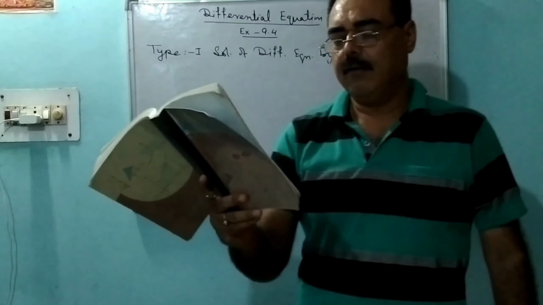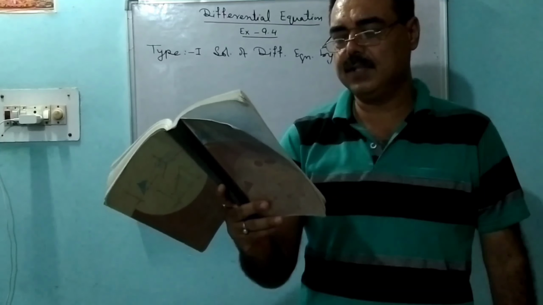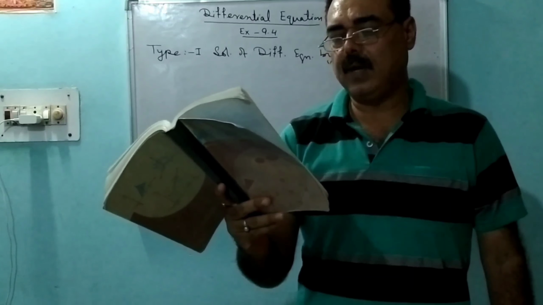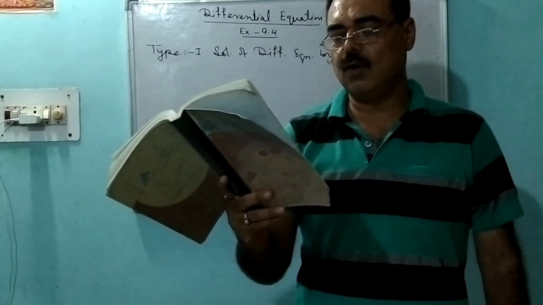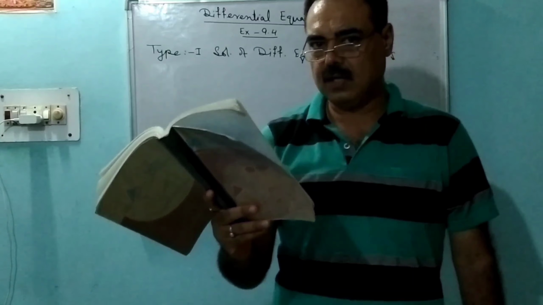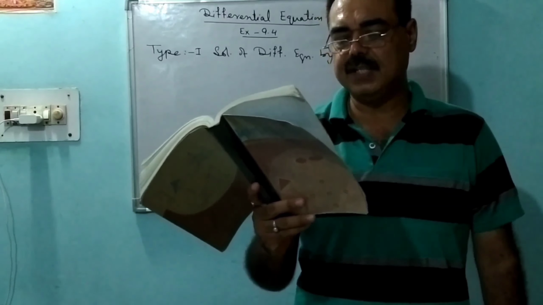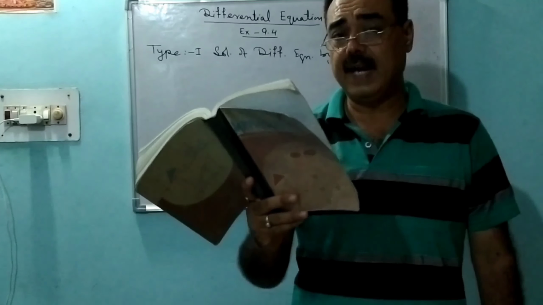Listen carefully. Find the equation of the curve passing through the point (0, -2), given that at any point (x, y) on the curve, the product of the slope of its tangent and the y coordinate of the point is equal to the x coordinate.